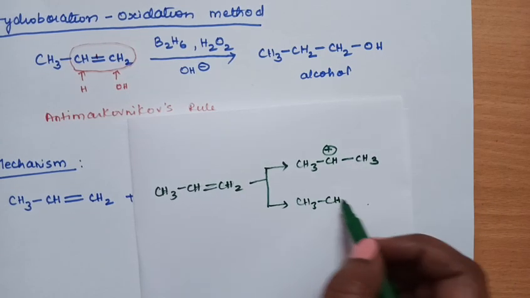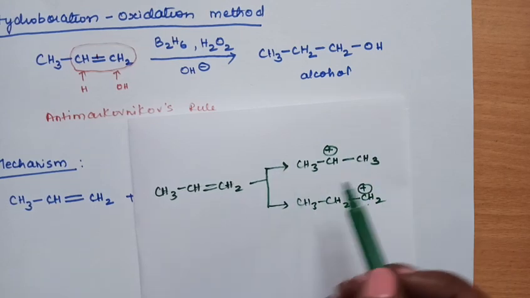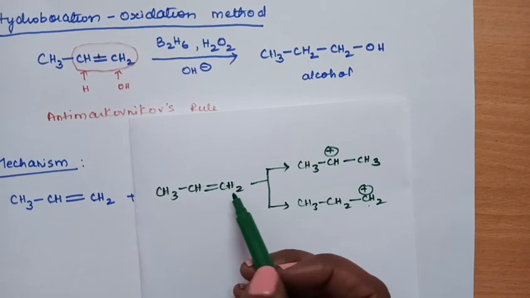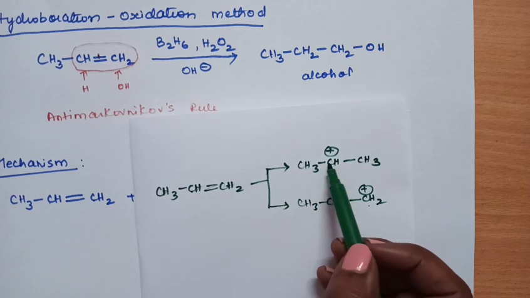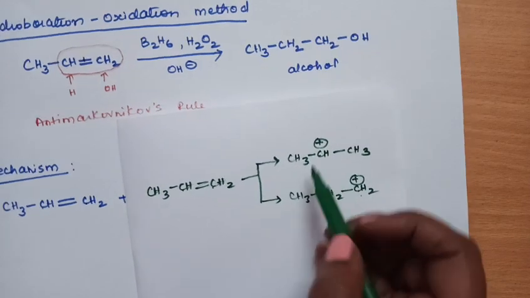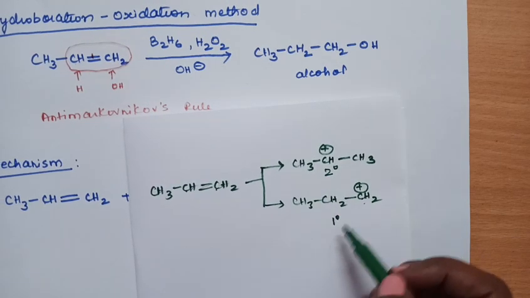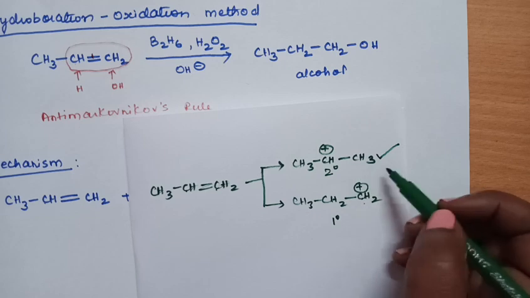CH3, CH2, CH2 positive sign. So I can get two types of carbocation from here. Either positive sign on this second carbon or positive sign on this first carbon. So here this is secondary carbocation and this is primary carbocation. Secondary carbocation is more stable.